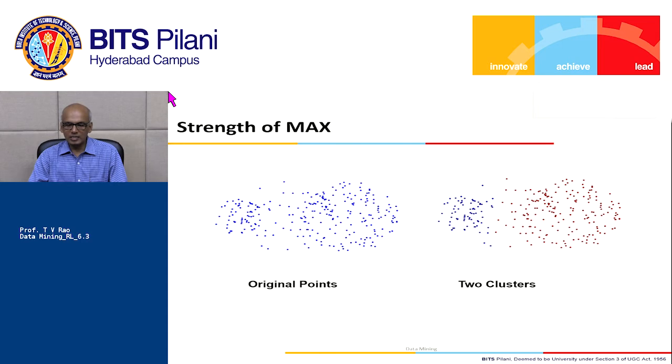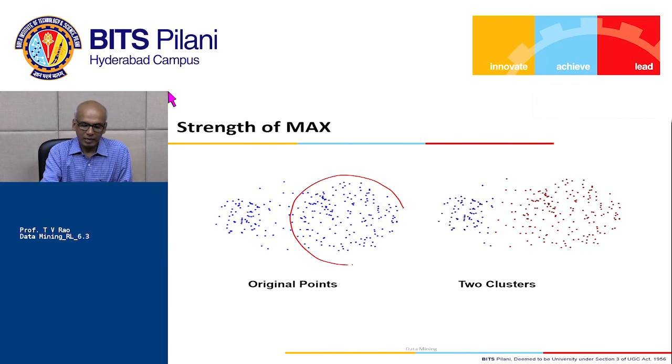In this case, this can handle noise better than what the min did, for the simple reason that we are considering the entire cluster when we are looking at the distance. For example, this cluster is insensitive to the noise, which is much smaller than this.